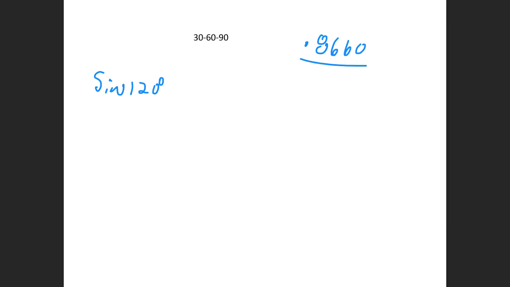Okay, so how do I do this? Well, I have to go back to last week. I'm going to draw my angle measure in. Okay, here's my initial side. So 120 is going to be here. So then I draw my reference angle in. And my reference angle, if this is 120, my reference angle is 60 degrees. Awesome.